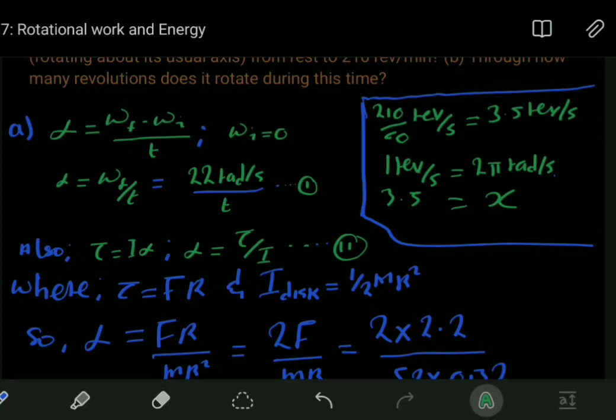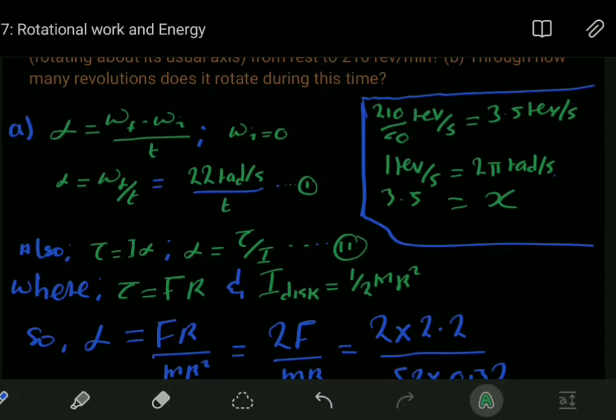Another thing also to note, the torque here is given as tangential force times the radius. Also, the moment of inertia for a disk, we know it's given as half mr squared.